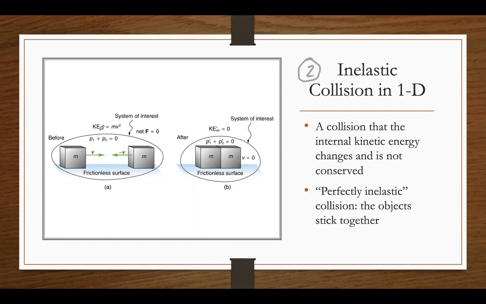In a perfectly inelastic collision, when these two objects are moving towards each other and they hit, the objects will stick together. In an inelastic collision, the internal kinetic energy is not conserved, and it changes.